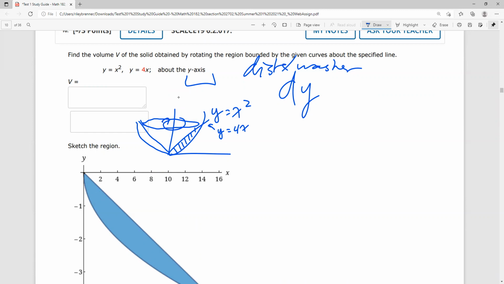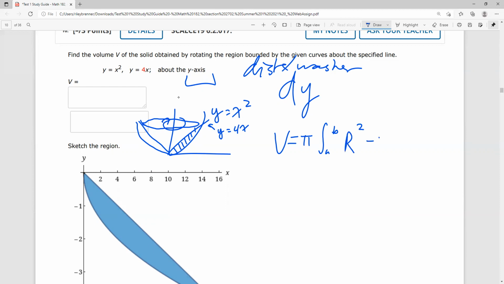And who can tell me the formula? What is the formula for washer method? Sure, yeah, outer minus inner. So I'm going to use big R squared, right?